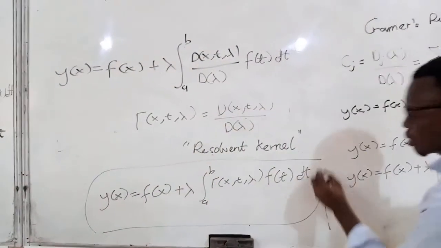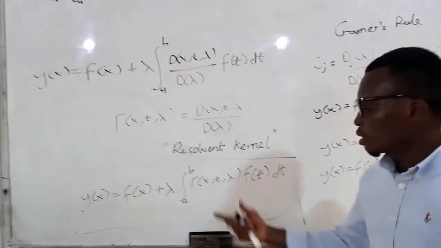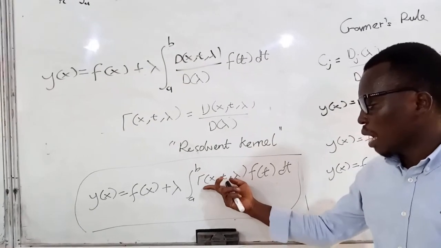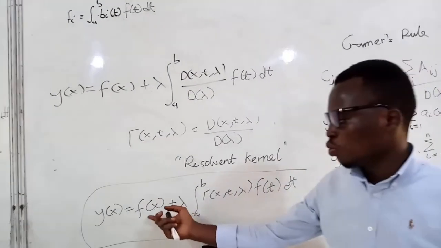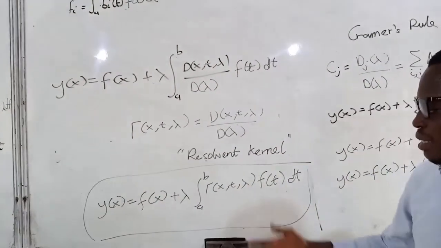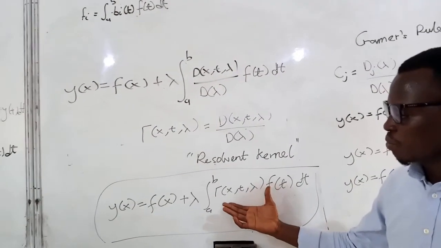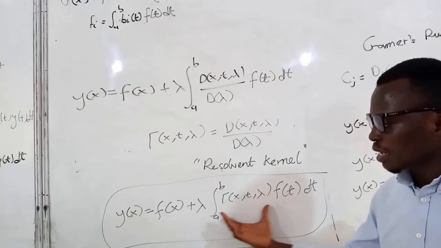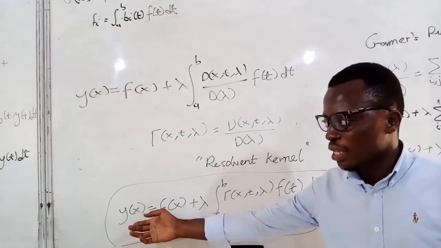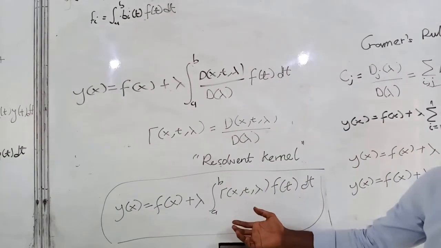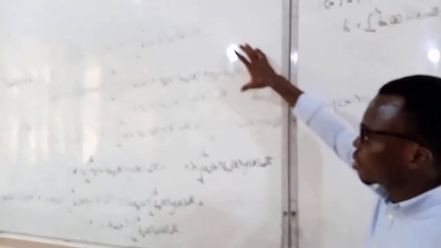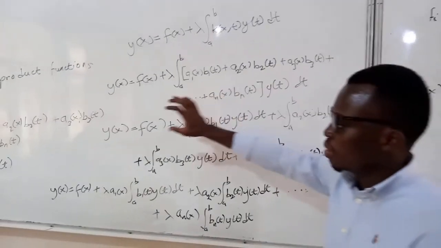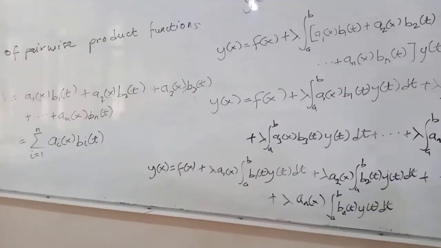We know how to solve for the gamma of s, t, lambda, and the free term is also known. Then from the system of equations given, you can easily solve for this function y of s, which will be the solution for the integral equation which has a degenerate kernel. Alright, so this is the end of this session.